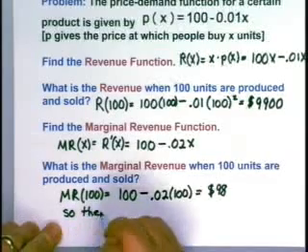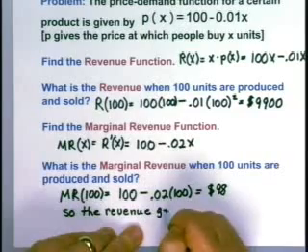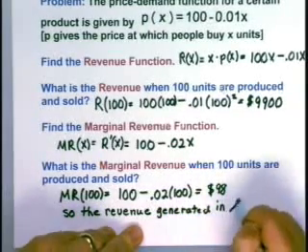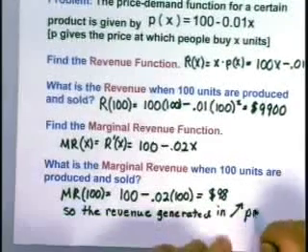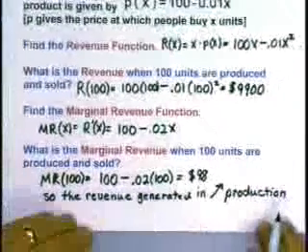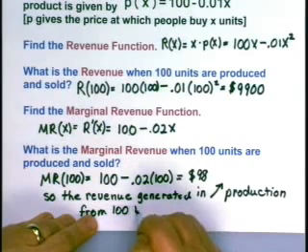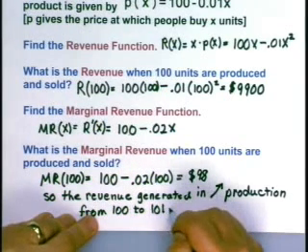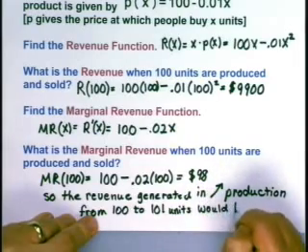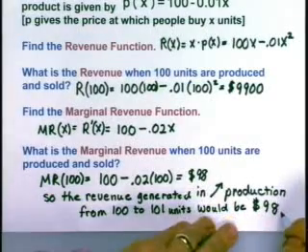So the revenue generated in increasing production from 100 to 101 units would be $98.